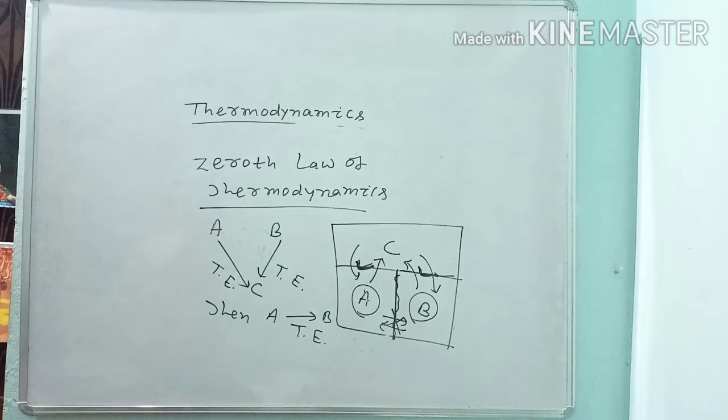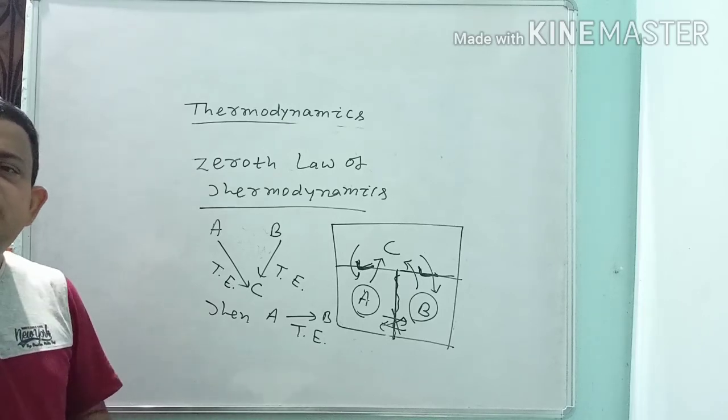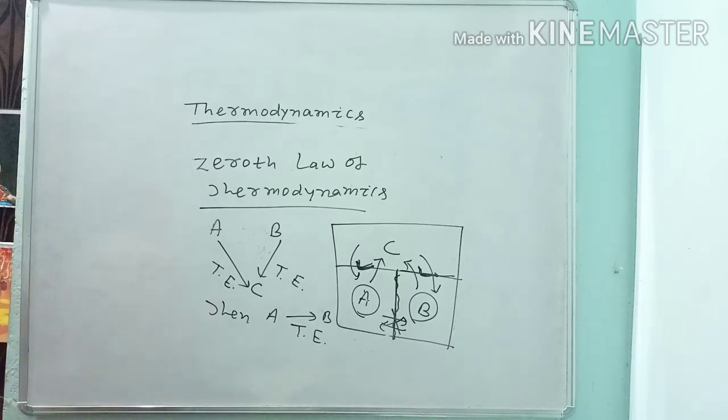So what is the importance of this zeroth law? This gives an idea about temperature. Why? Because due to this temperature difference, heat flows from one part to another part.